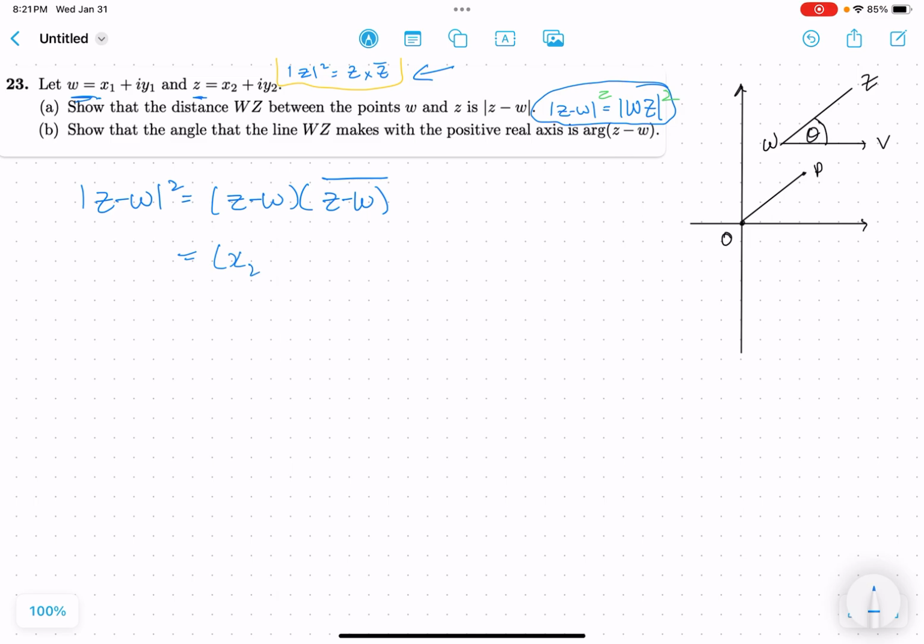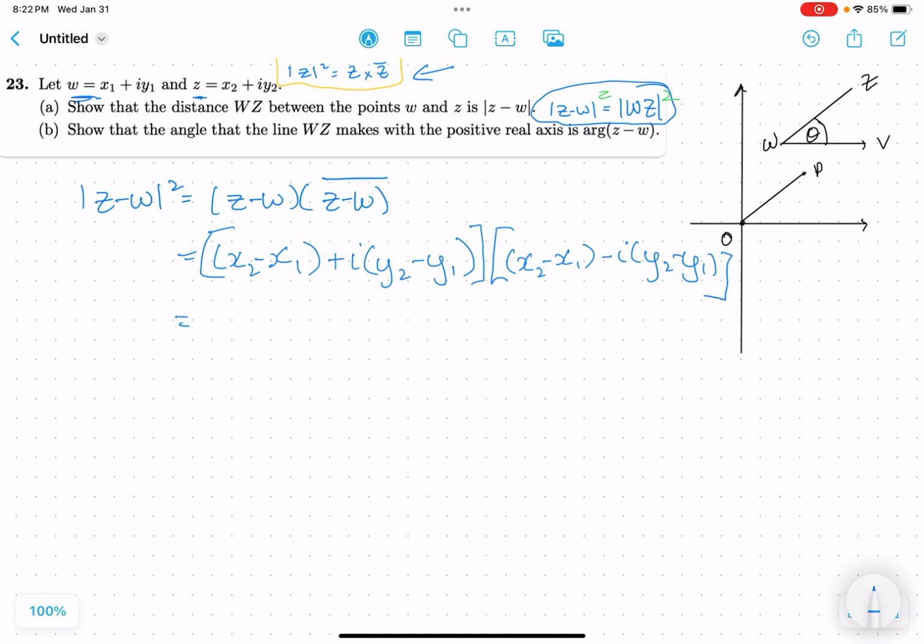We're going to have x2 minus x1 for the real part, and if we subtract the imaginary part, we're going to have y2 minus y1, and then we're multiplying that by the conjugate. Well, we just got that, so it's the same as that, but the conjugate. So we're going to have x2 minus x1 minus i times y2 minus y1.